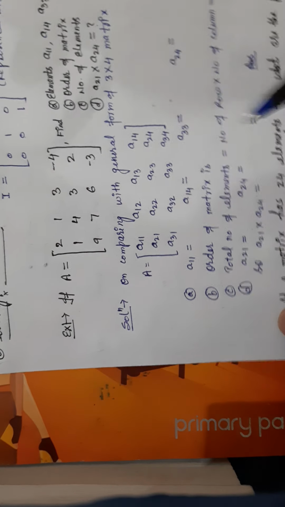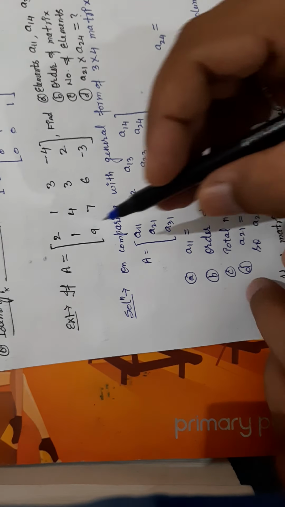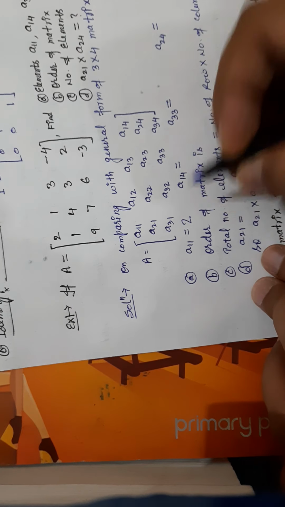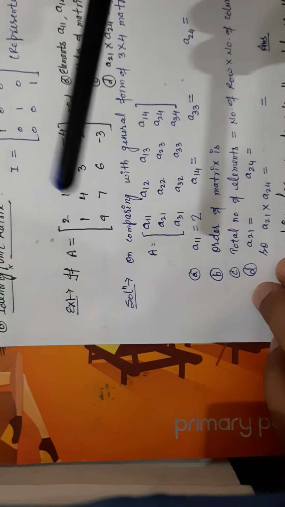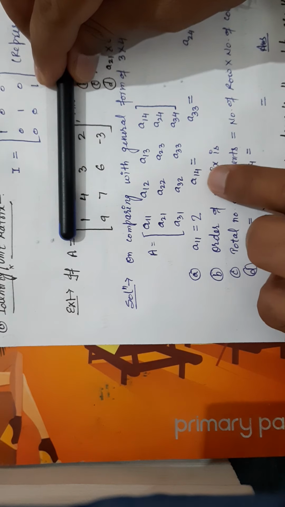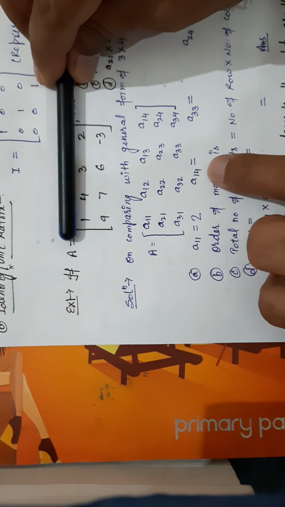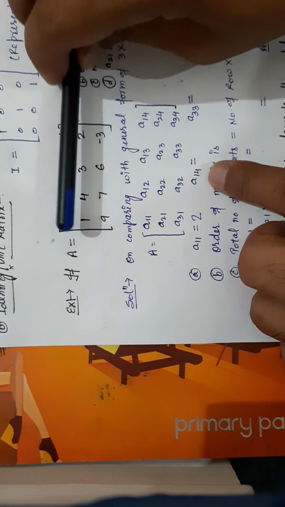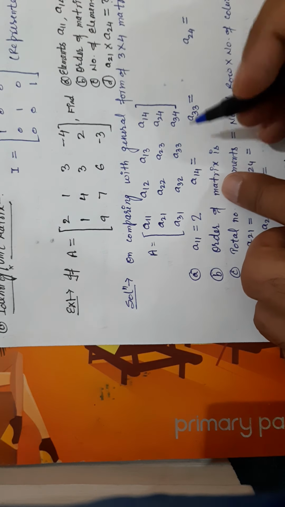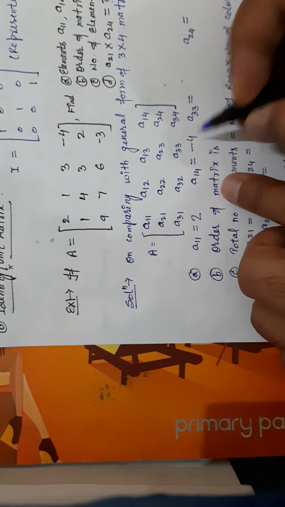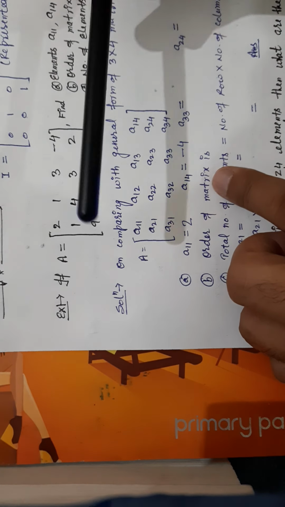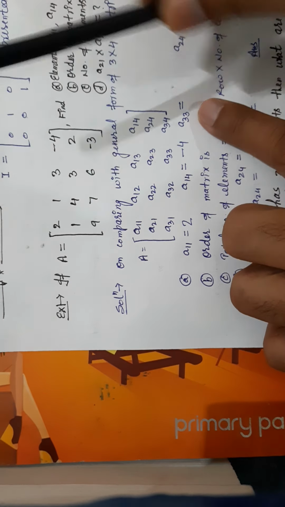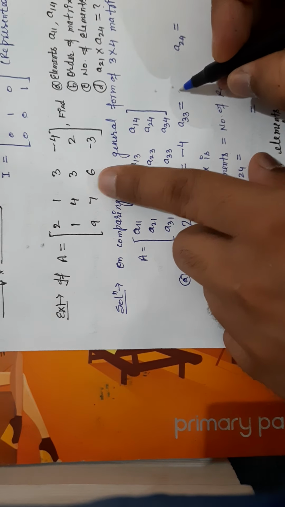Okay, so on comparing, A11 will be 2. A14, first row and fourth column, so element will be -4. A33, third row and third column, element will be 6.